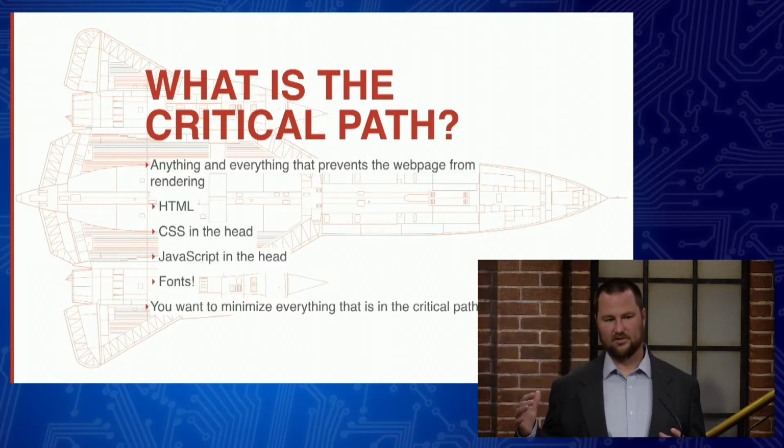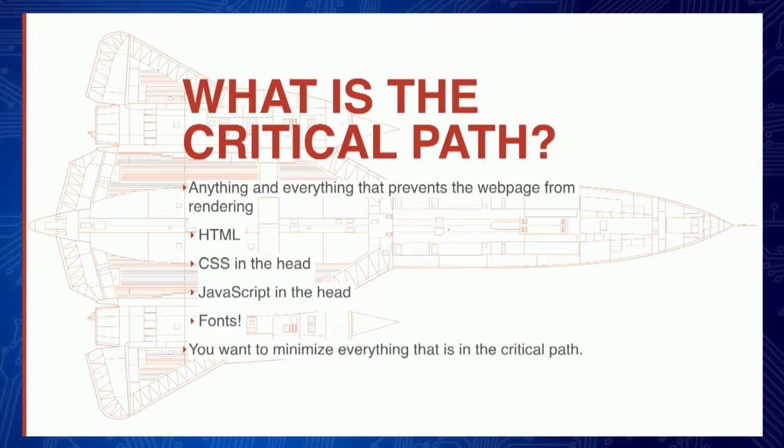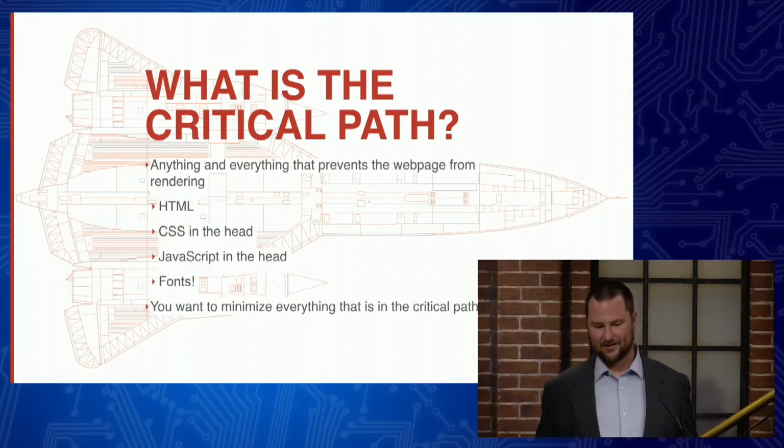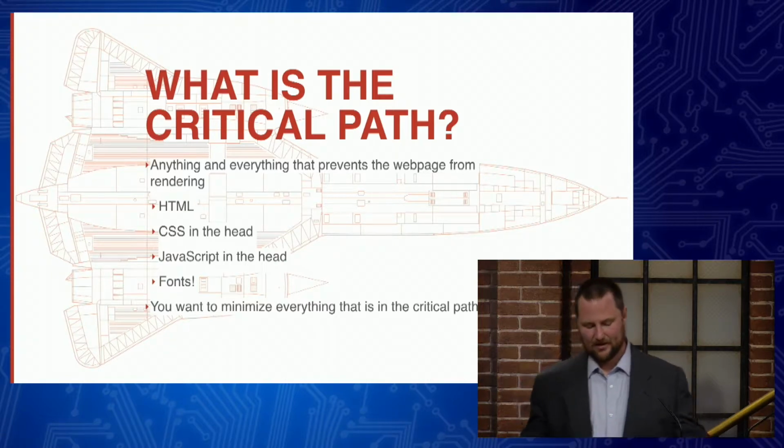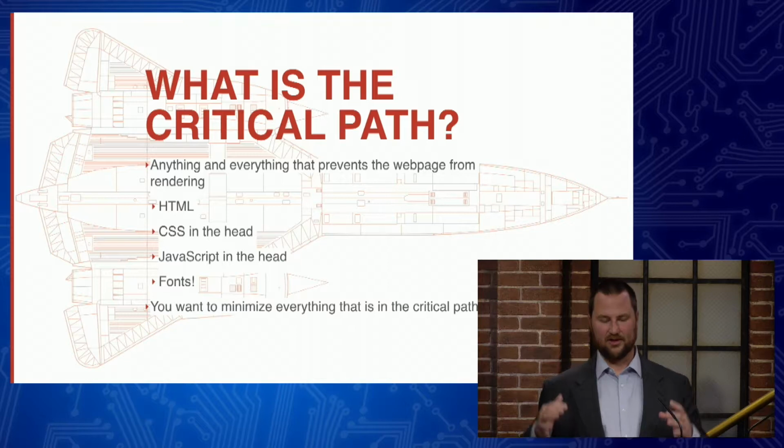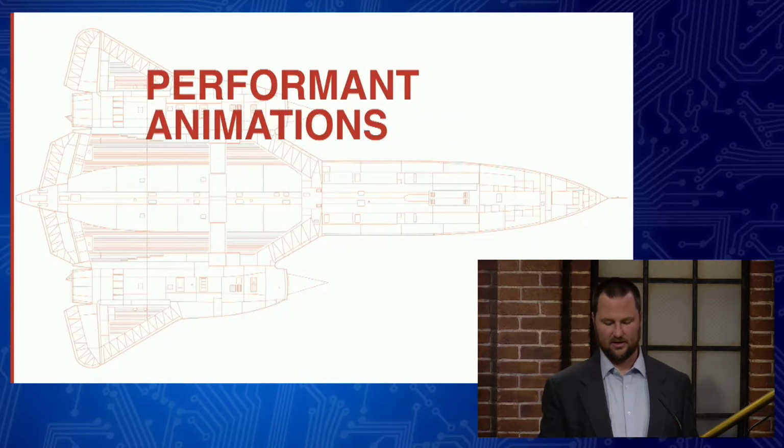Images are not in the critical path. Your CSS is in the critical path. JavaScript in the head is in your critical path. Fonts are very, very important in order to display text. You want to minimize anything that blocks rendering. You want to get this data and get this website rendered as quickly as you can.